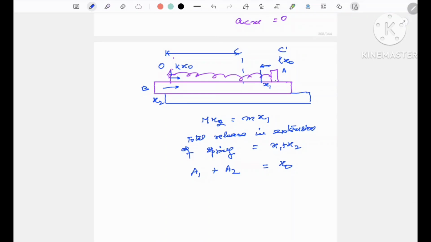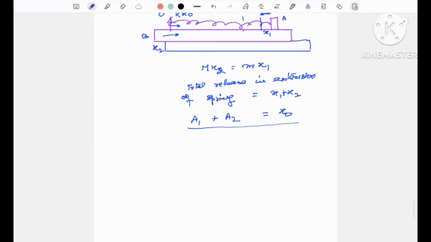When A1 plus A2 is x dot, the velocity of A and B will be maximum. Hence, this is the equilibrium position of A and B, and A1 and A2 are the amplitudes of block A and block B respectively. And in this condition, M A2 will be equal to m A1.